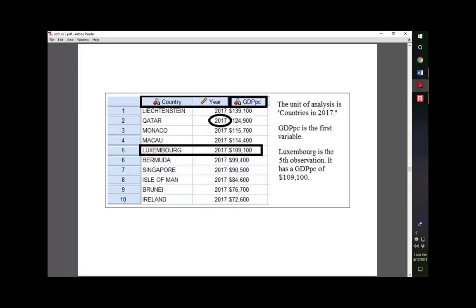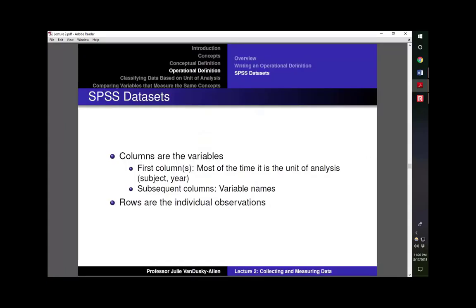So in this data set, the subjects of the data set are countries, and the time is the year 2017. So we know the unit of analysis for this data set is countries in the year 2017. The subsequent column headings should be the names of the variables.